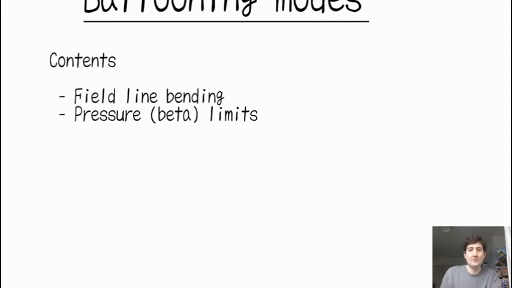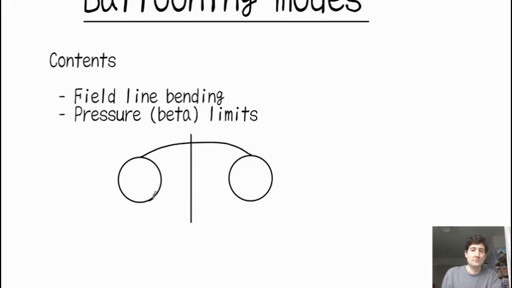So essentially what we're talking about is you have a tokamak like this with a cross section like so. This is a toroidal configuration, and the magnetic field lines are spiraling around like this. So we have the field lines which start here, and spiral around the machine this way.